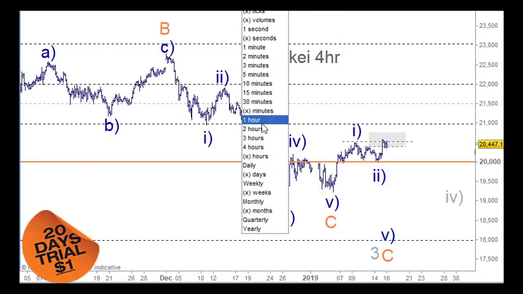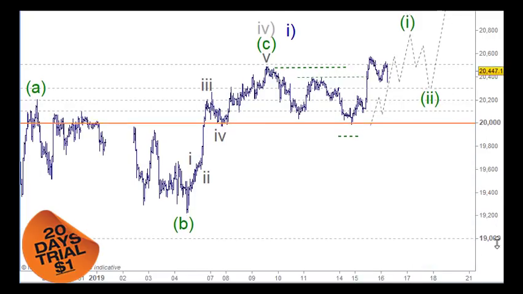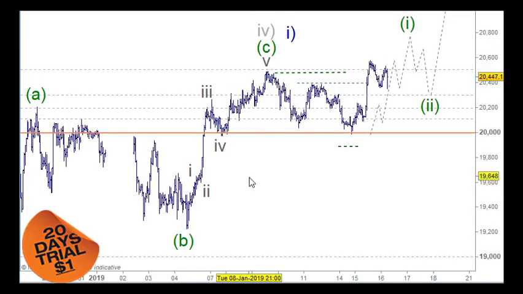So let's just go to the hourly chart here. Last time we spoke, we talked about all of this in terms of from wave A, B, and C here for wave 4. But if we take this top out here, which we have now, then we need to think to ourselves, well, that can't be an ABC anymore because it's moved too high.